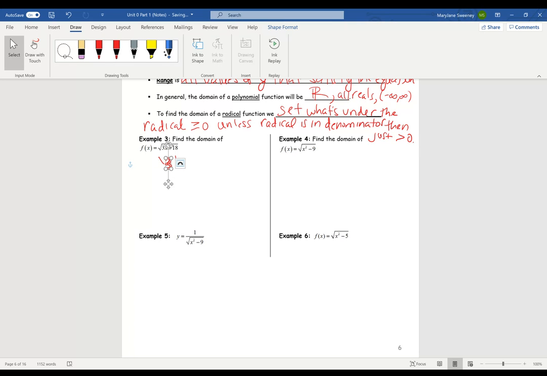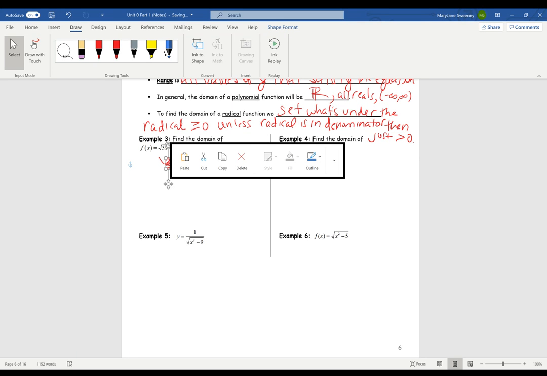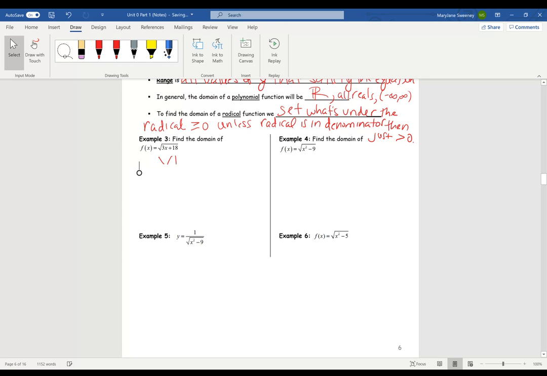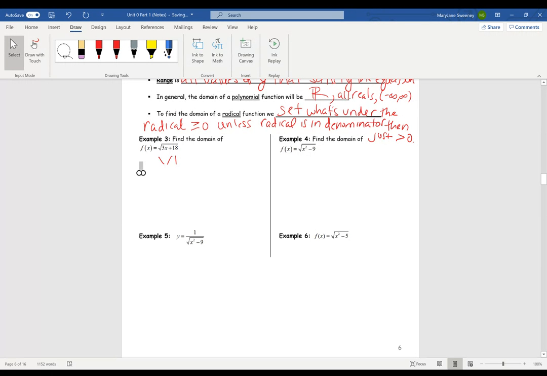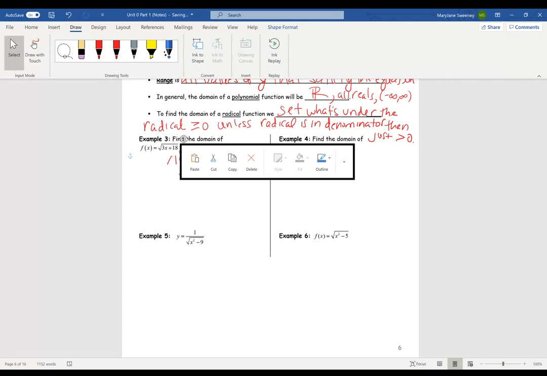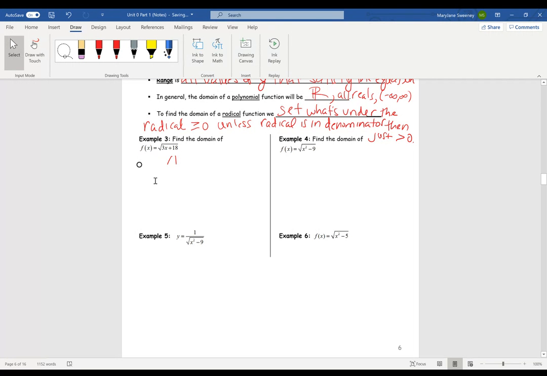Trying to get rid of this here. All right, I'm just going to come down here. Oh, I don't know why this is doing this.